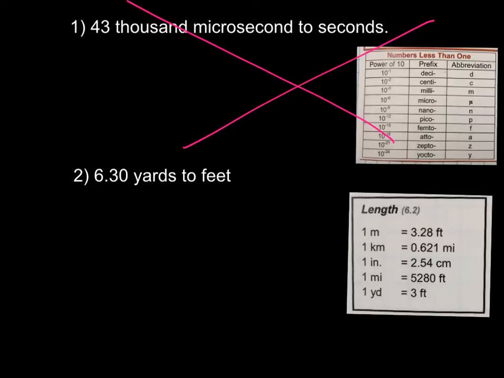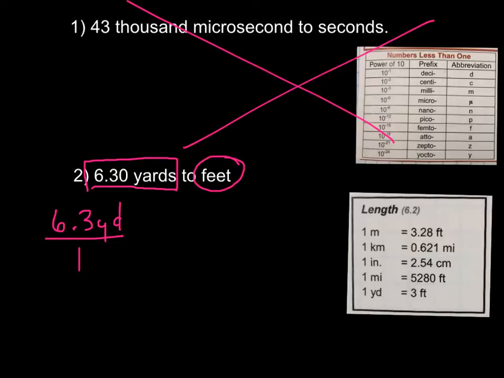So first thing you want to look at is that we're going from yards to feet, and we know that we're trying to change this. So my suggestion is you take what you're changing, 6.3 yards, and you put that over 1. Okay, and then we're changing to feet. So we look over here on our chart and we see that 1 yard is equal to 3 feet.